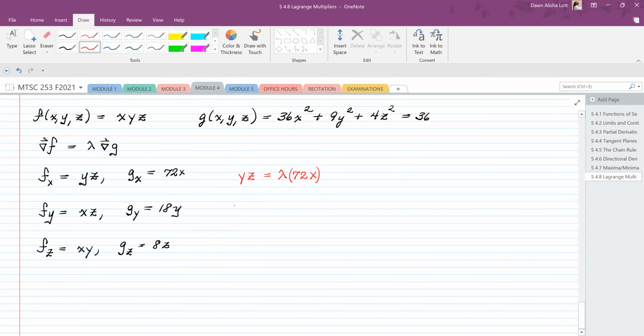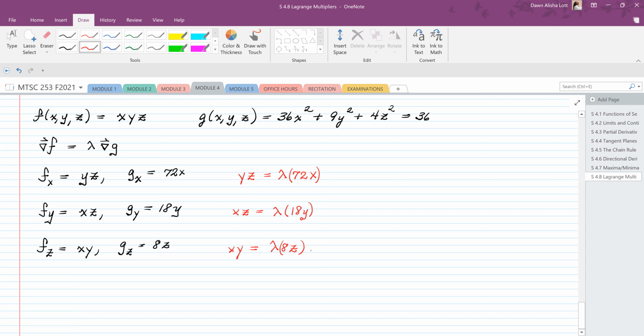And this gives me that XZ has to equal lambda times 18y. And this gives me that XY is equal to lambda times 8z.